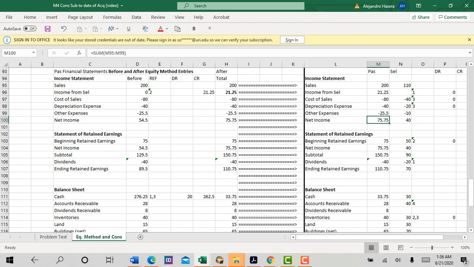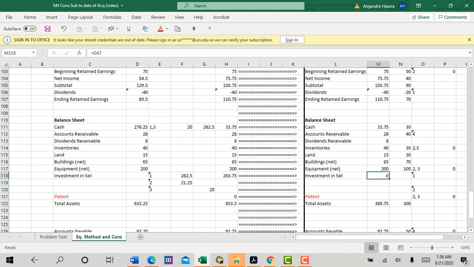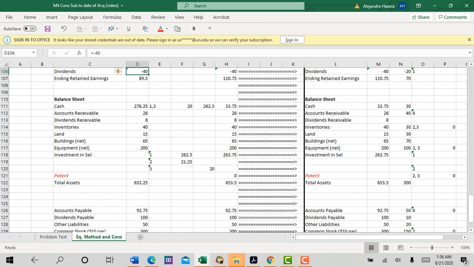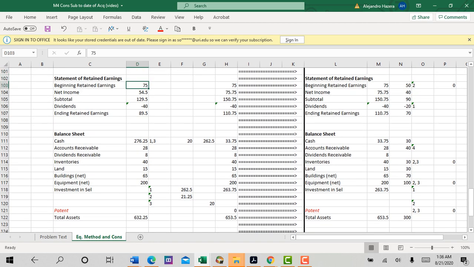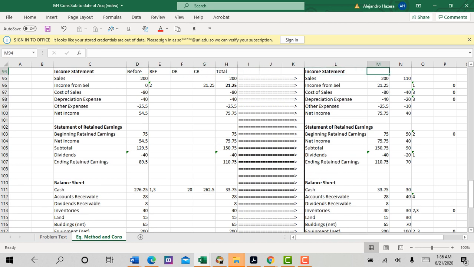I believe all the income statement items balance, all the statement of retained earnings items balance. Let's make sure the balance is right in the investment account over here. The investment account should be 263.75. You'll notice that the parent started with financial statements without any equity method entries. You made the equity method entries, and so you've updated your financial statements to be able to do a consolidation at the end of the year.